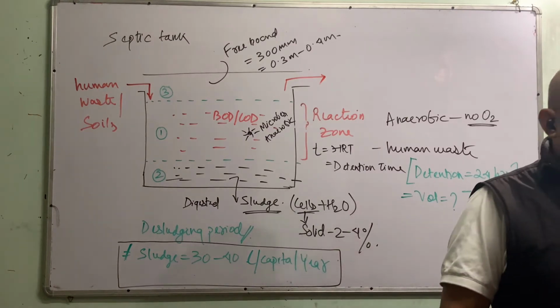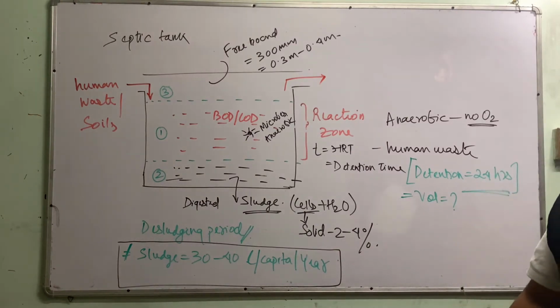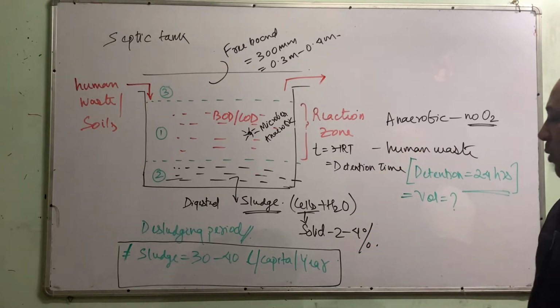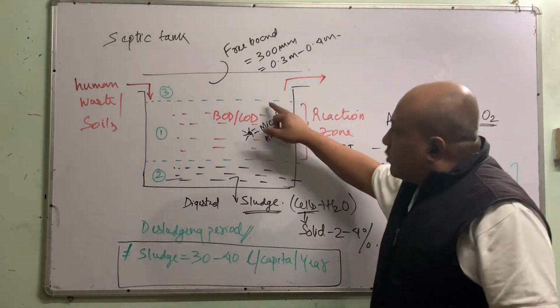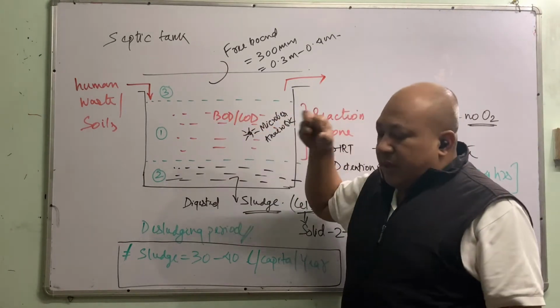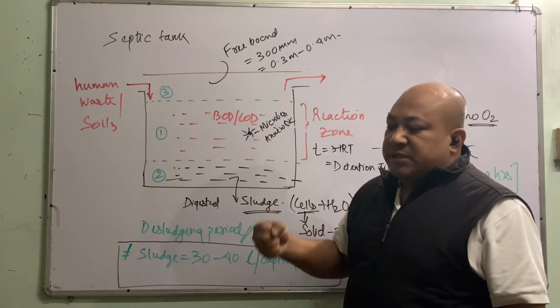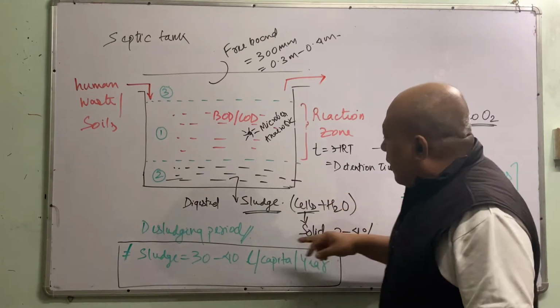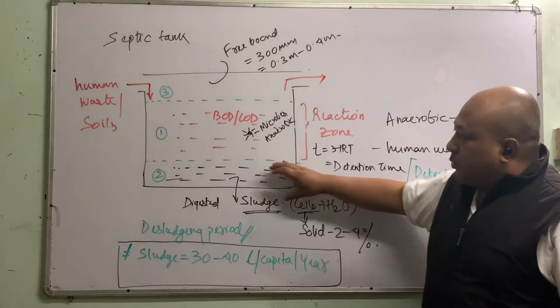When we go to the toilet, we flush around 5 liters or 3 liters of water from our cistern. The human waste, after being degraded by the microbes, around 2 to 4% is going to mix with the water.